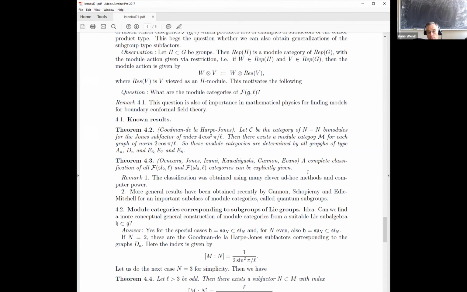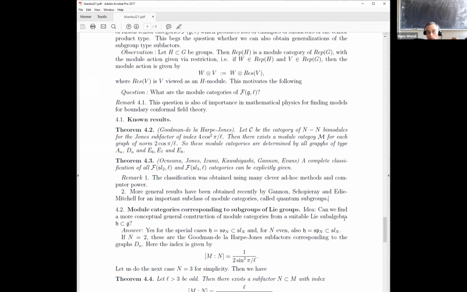And for the SL3 case, it's somewhat more complicated. This classification was achieved by many clever ad hoc methods and computer power. And more results have been achieved only recently by Gannon, Schopieray, Edie-Michell for an important subclass of module categories called quantum subgroups, which have somewhat nicer properties and are also somewhat more important, but I don't want to go into this.